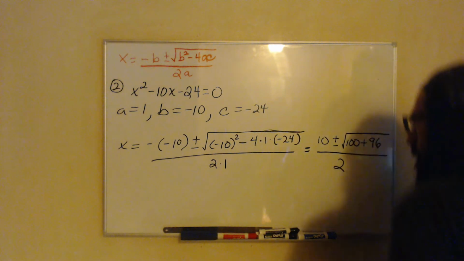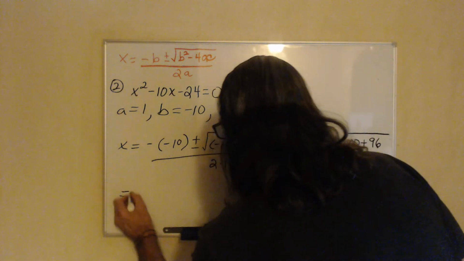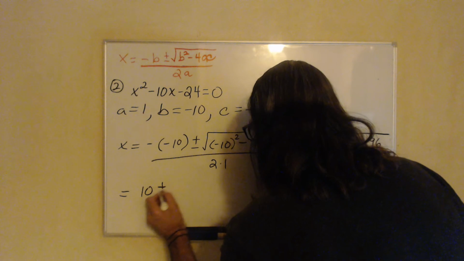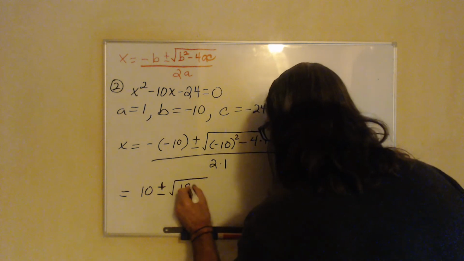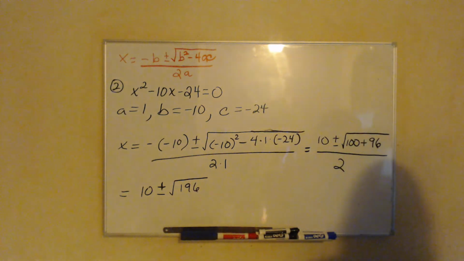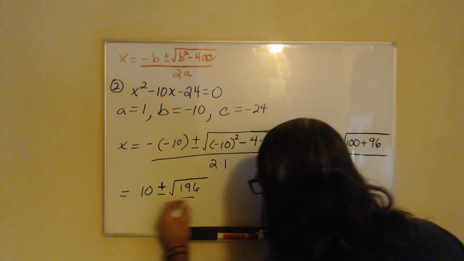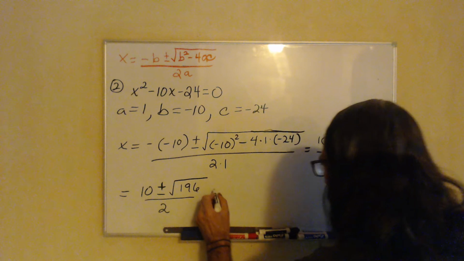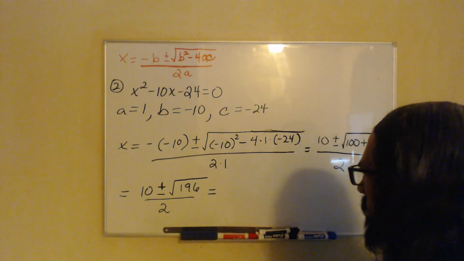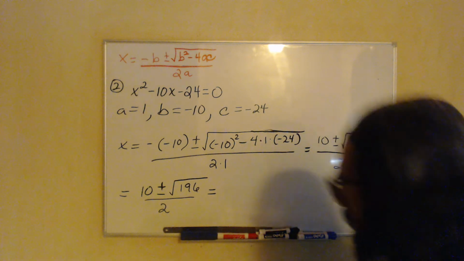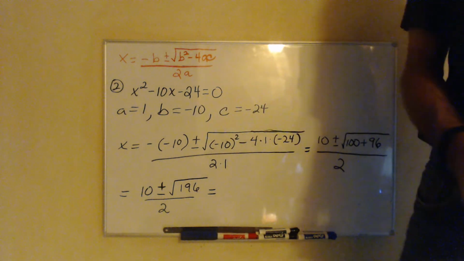So it's going to be 10 plus or minus the square root of 196, all over 2. And let's see here, I believe 196 is a perfect square.